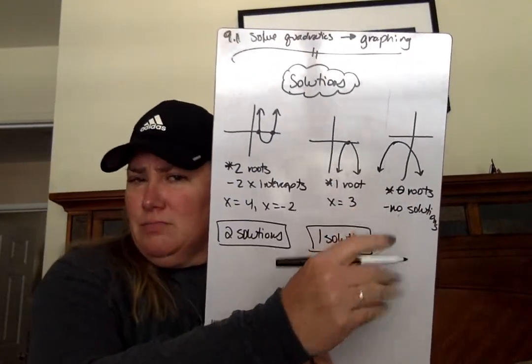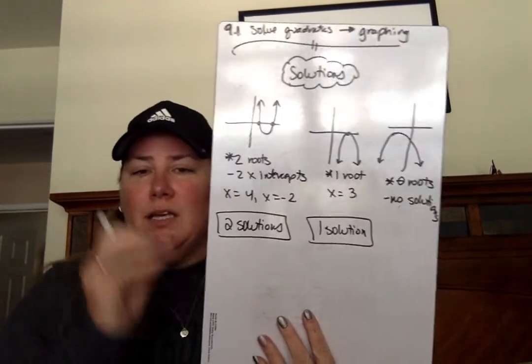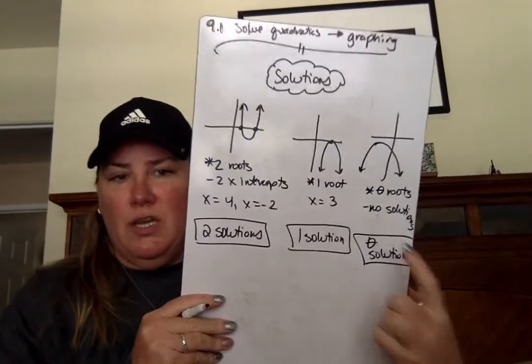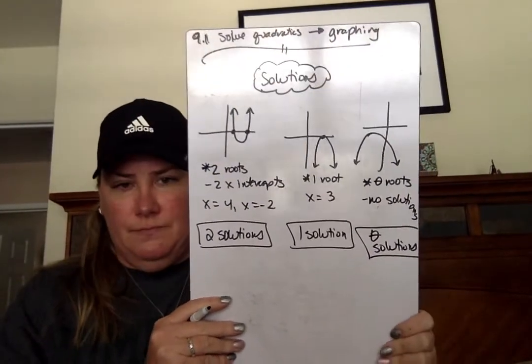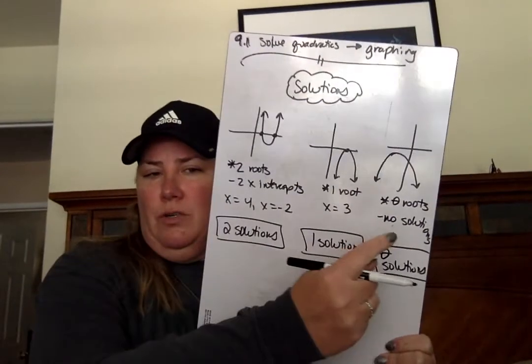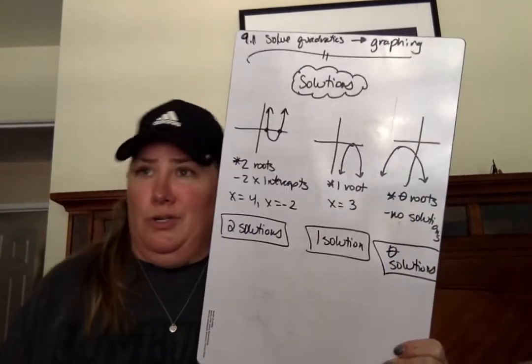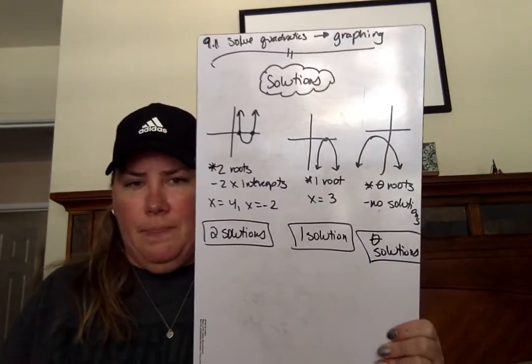If it doesn't cross or doesn't touch, 0 solutions. That's when you would use 0. If they're asking you for the number of solutions, you would say there's 0 solutions. But to write a solution with an equation like this, you would say no solutions, or no real solutions, or no x-intercepts, something like that.